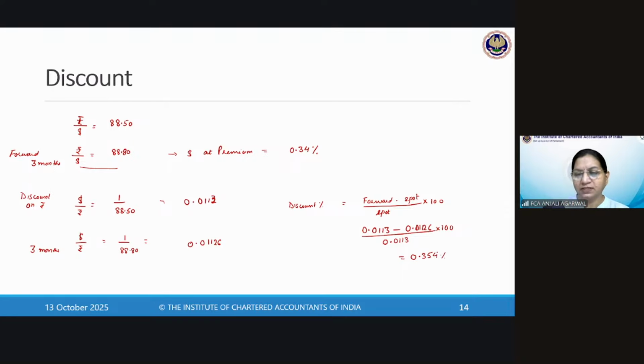And if you annualize, it will come out to be 1.4 something. Okay, so the discount didn't come out to be the same.